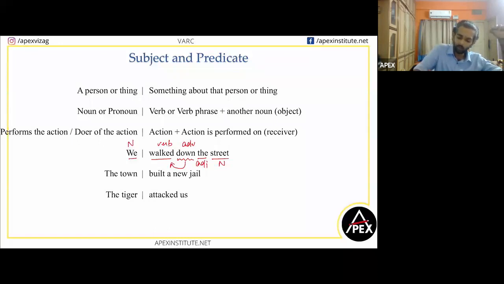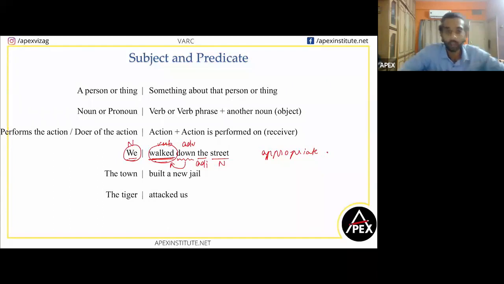Now when we have a sentence like this, can I say that this word "walked" is appropriate to be used with the word "we" or not? Tell me yes or no. Is it appropriate for me to use the word "walked" with "we"? Okay. Can I also maybe say "we walk fast"?